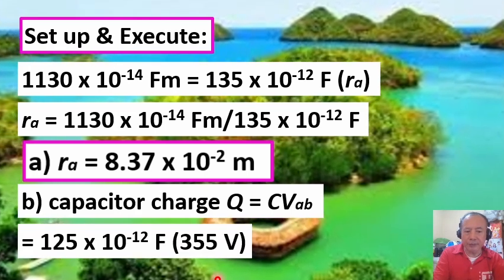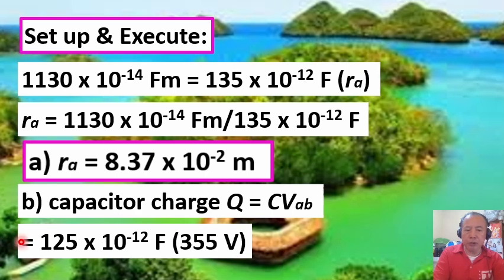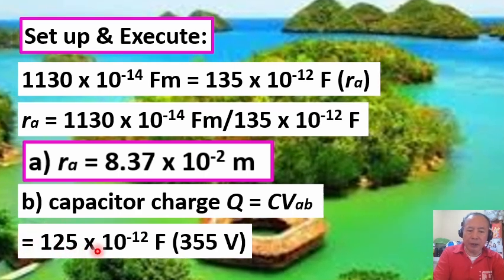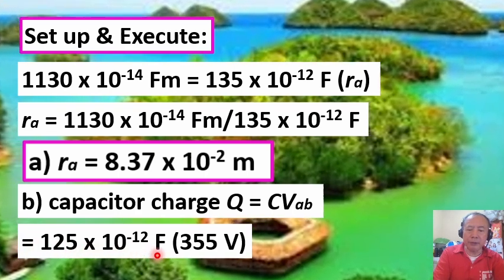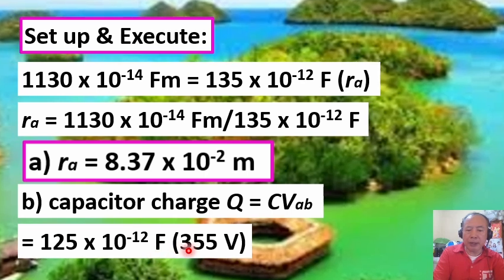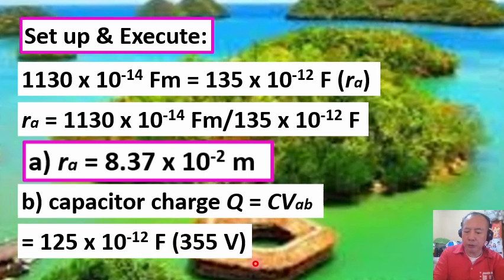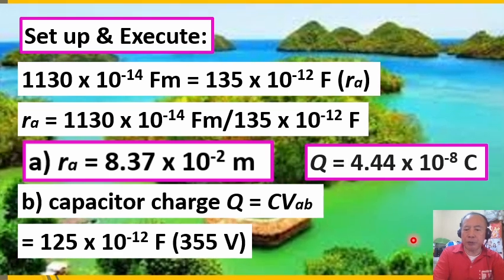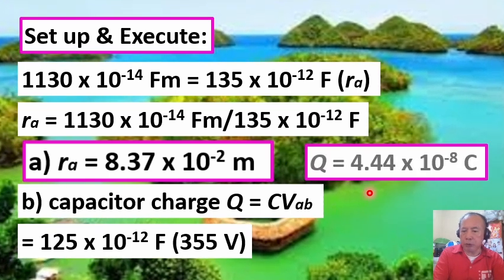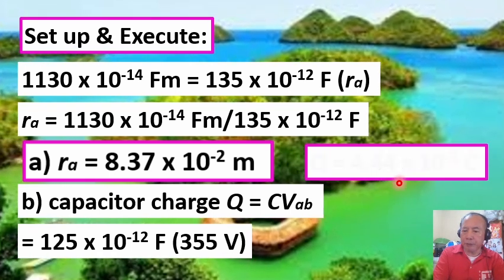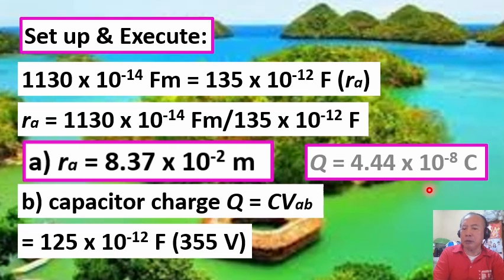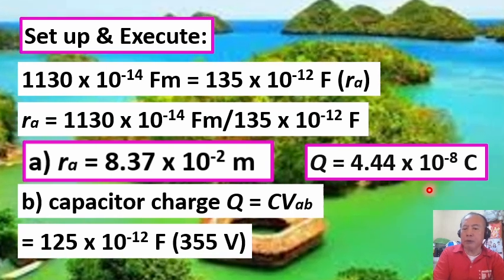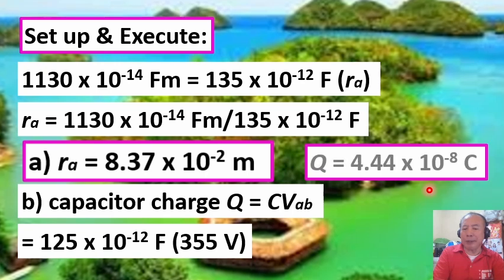That is, big Q equals 125 times 10 to the negative 12 farad times 355 volts. So the capacitor charge big Q is equal to 4.44 times 10 to the negative 8 coulomb, also rounded to three significant figures.